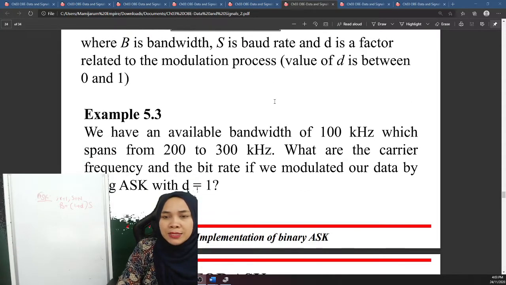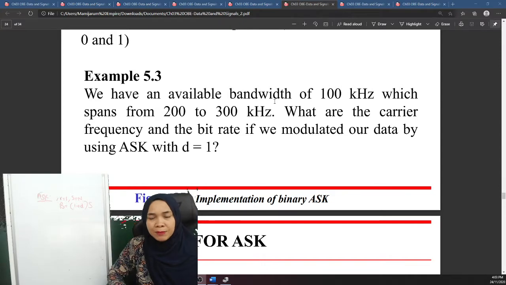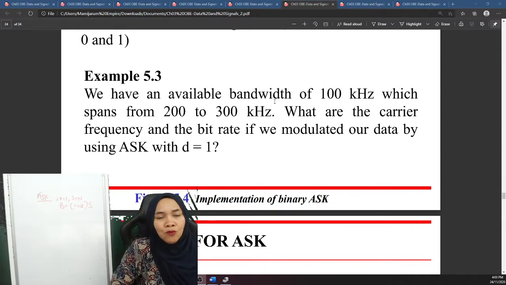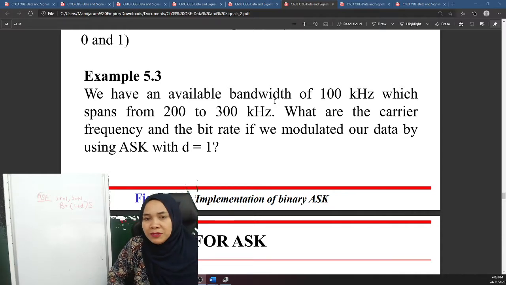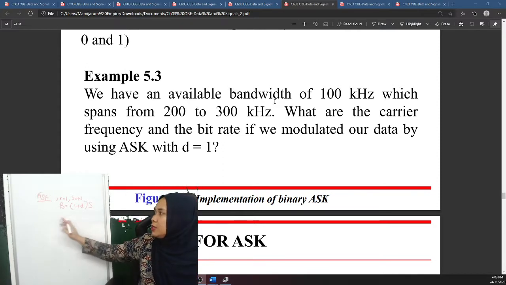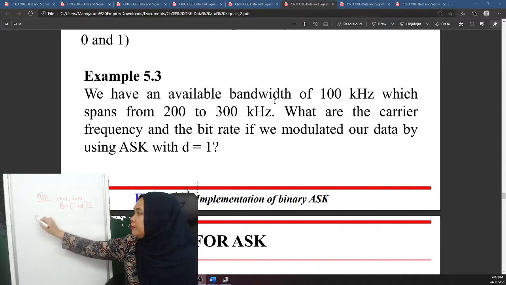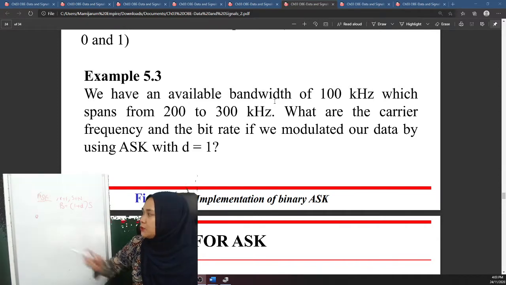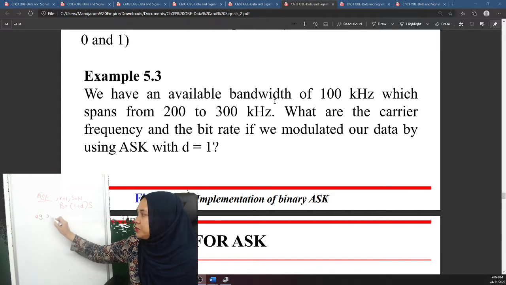So the example here: we have an available bandwidth of 100 kHz which spans from 200 to 300 kHz. What is the carrier frequency and the bit rate if we modulate our data using ASK with d equal to 1? From here we extract the data. This is example 5.3.